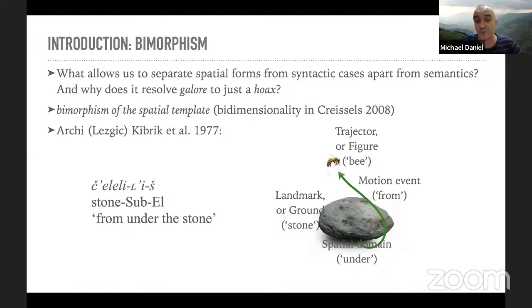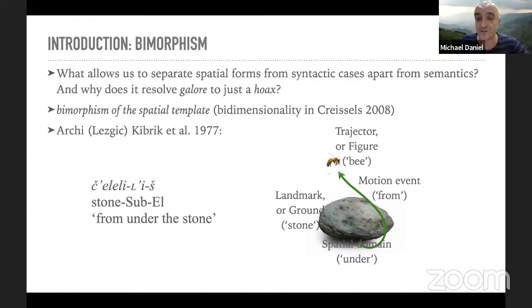So you have the landmark, or in other approaches called ground, which is stone, and it is expressed by the stem itself. There's also the spatial domain under, which is shown under the stone, onto which the first suffix, SUB, maps.